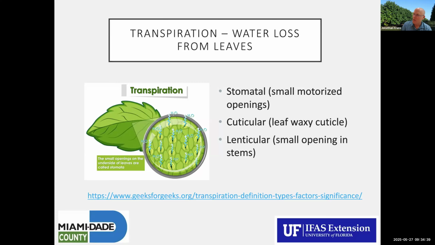And that's the driving force, and that's the pathway that water moves through the trees. And so when you have a high vapor pressure deficit or low relative humidity and high temperatures, these stomata tend to close, but you can also have water loss through the waxy cuticle of the leaf. And in some cases, you can also lose water through small openings in the stems called lenticels.